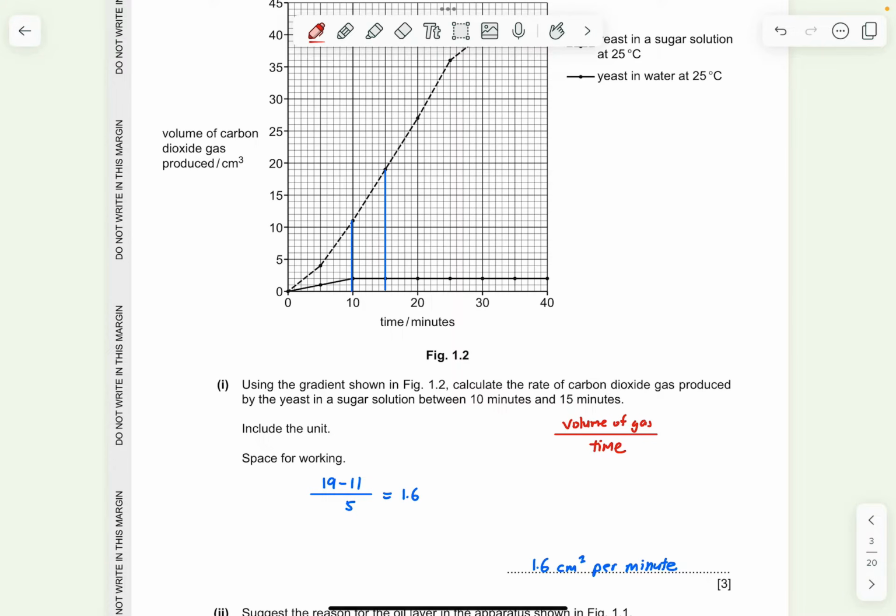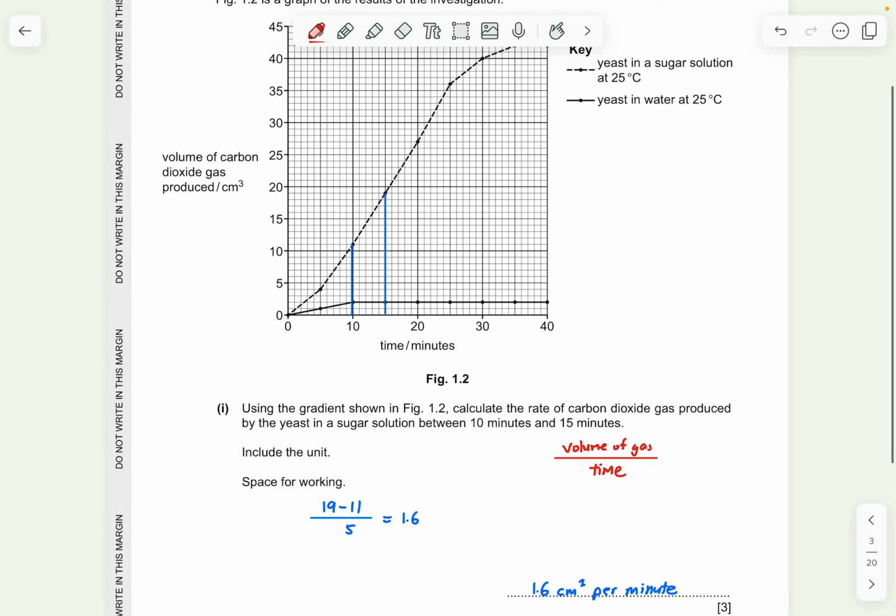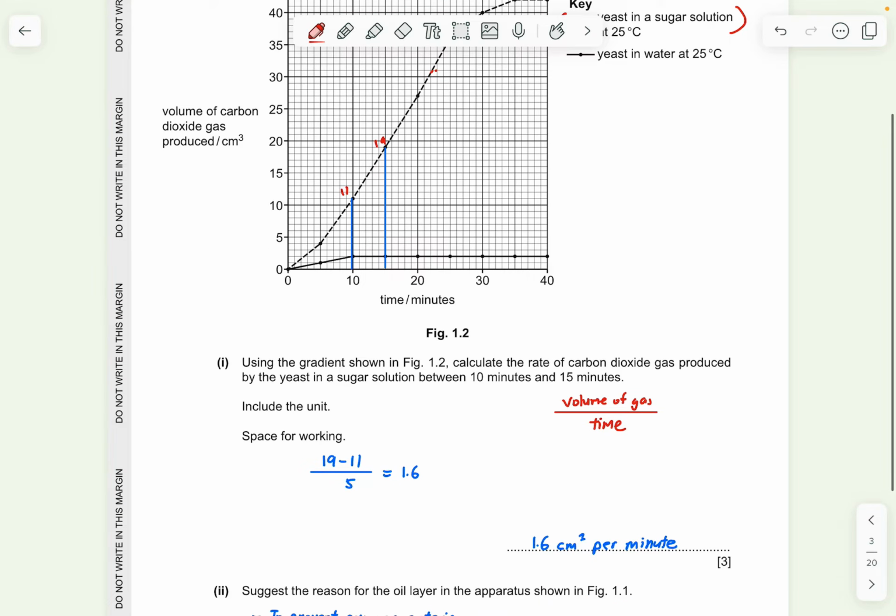They have mentioned that they want you to use the yeast in the sugar solution. This is the main one. So you'll be seeing this line. You're going to get 10 and 15, roughly 11 here and 19. And you use final minus initial divided by the time. So it has to be precise.